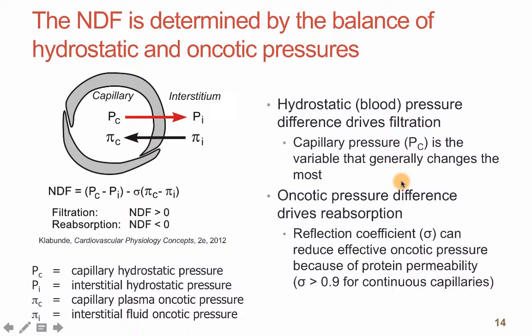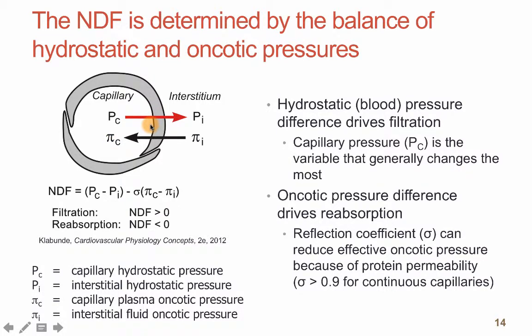So as we saw in the previous few slides, there is a hydrostatic pressure that is trying to drive fluid out of the capillary. There is an oncotic pressure that is trying to reabsorb the fluid back into the capillary.